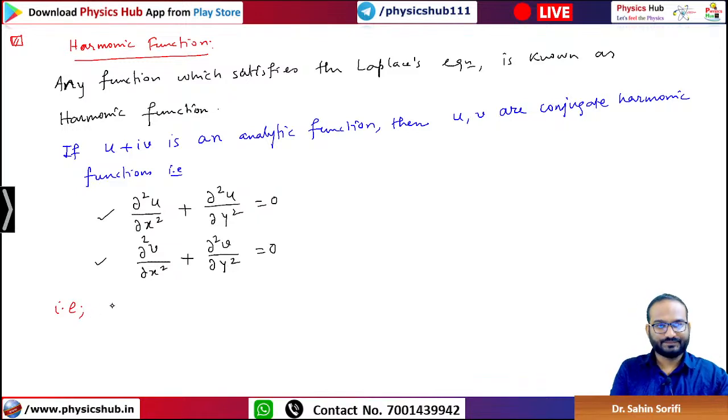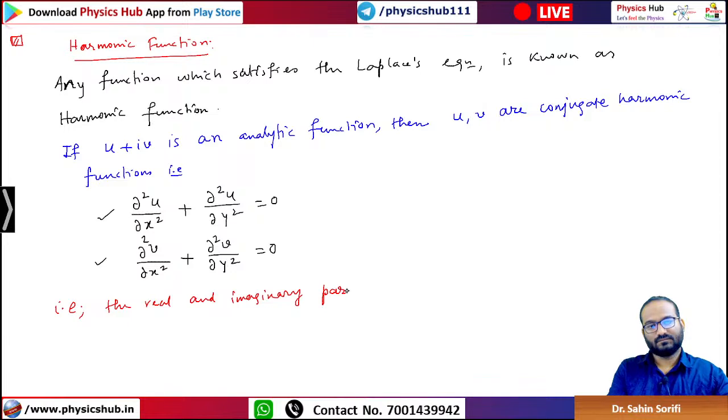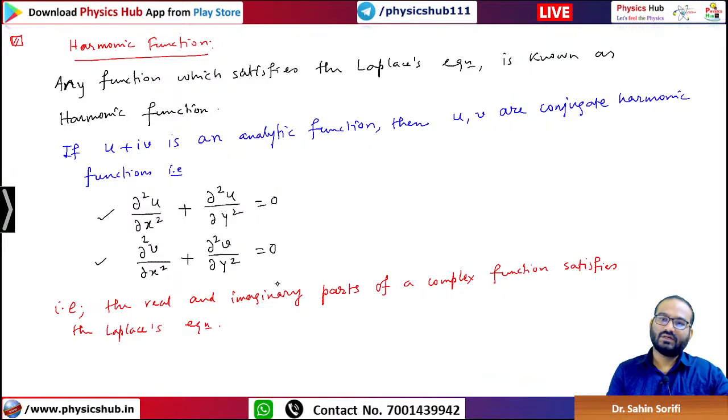So we can say that the real and imaginary parts of a complex function satisfy Laplace's equation, and they are called conjugate harmonic functions.